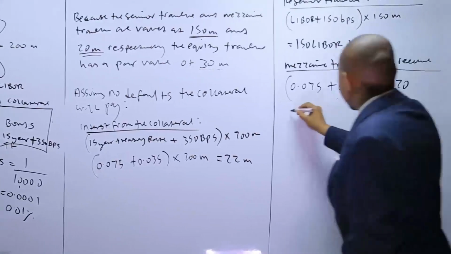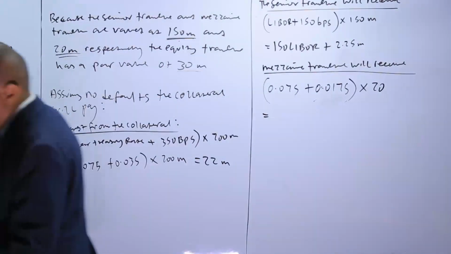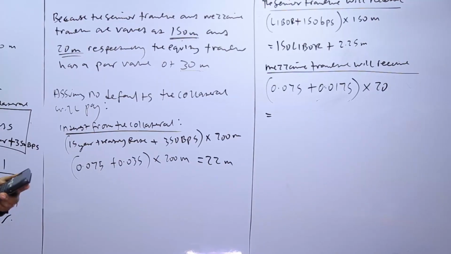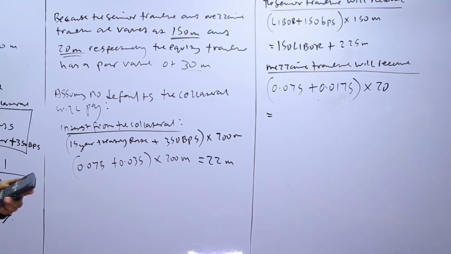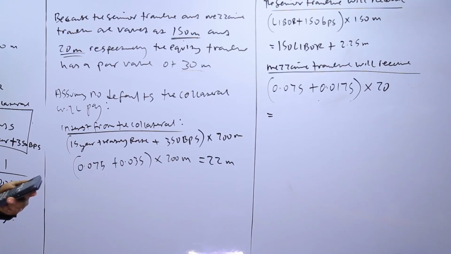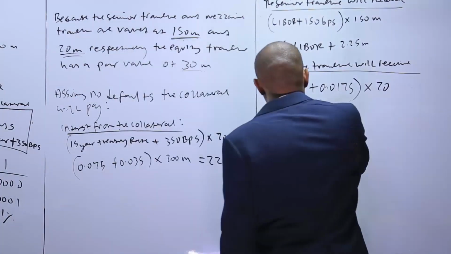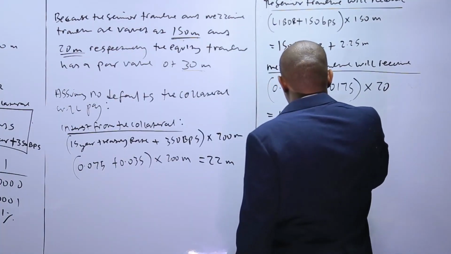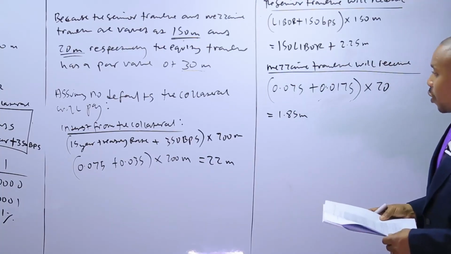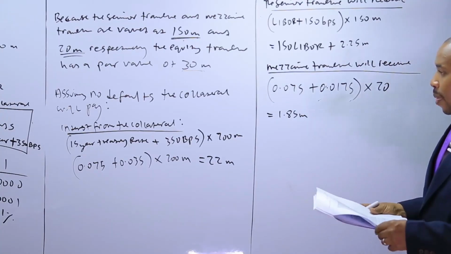How much do we get? 0.075 plus 0.0175 times 20, we have 1.85 million there. Now, once we've done that, we're dealing with it in stages.